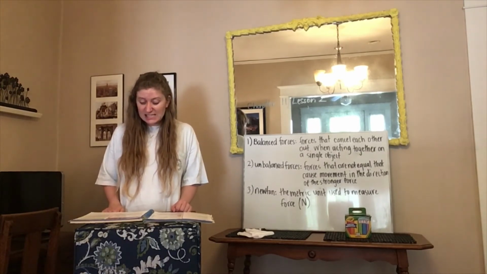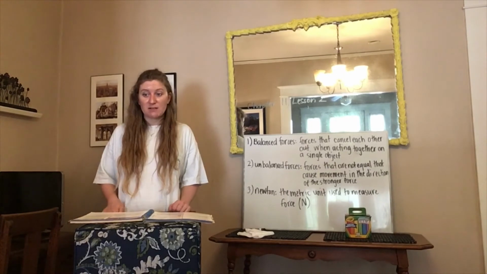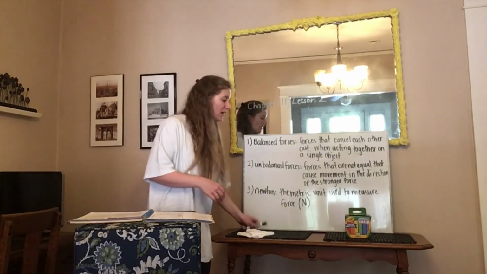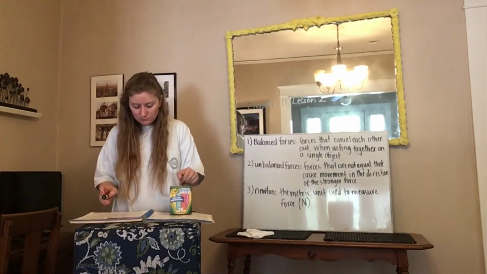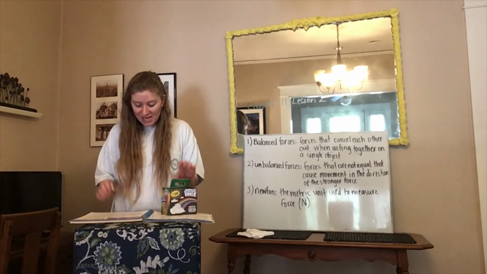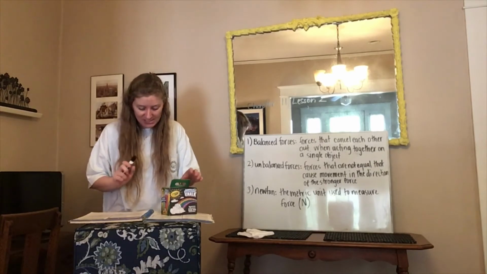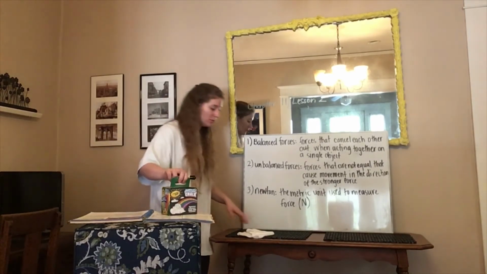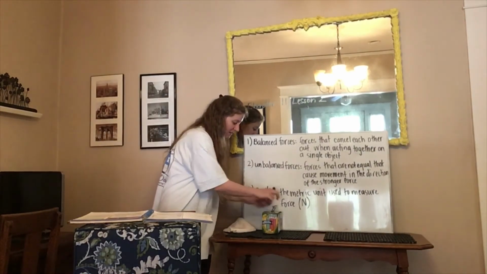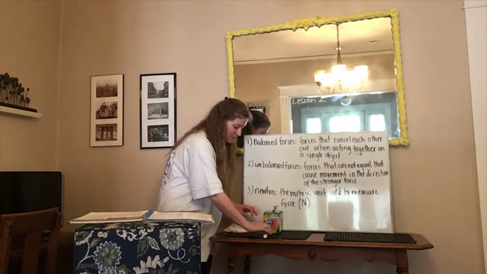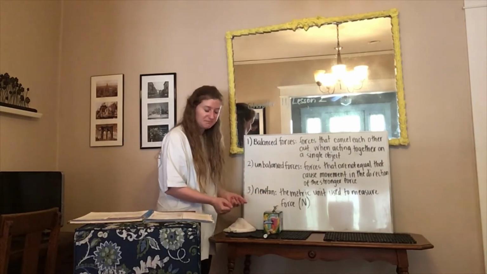Suppose you apply the same force to two objects with different masses. I'm going to demonstrate it with this marker and this box of chalk. The object with less mass accelerates faster. So I'm going to take this box of chalk and this marker, and I'm just going to gently push them.